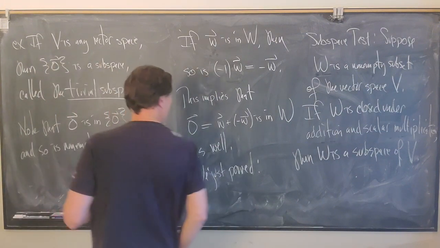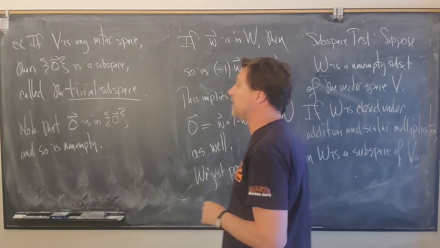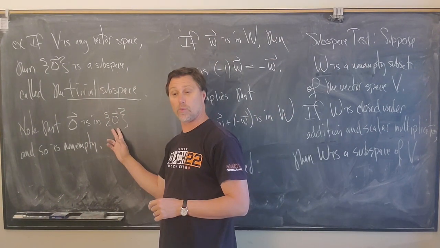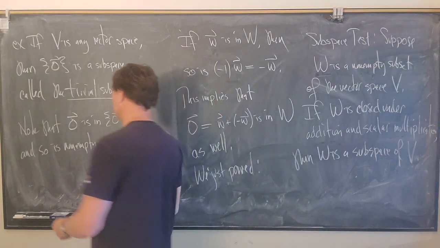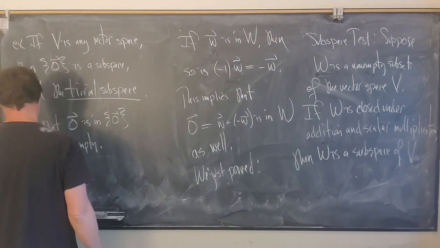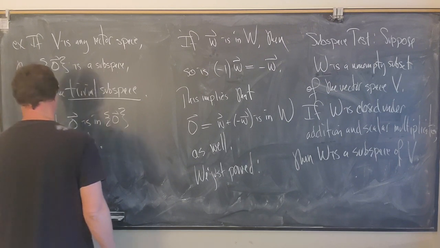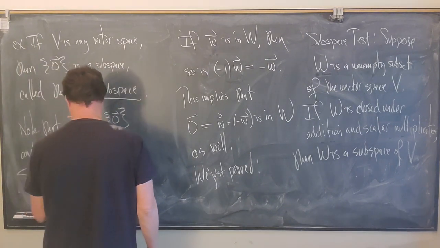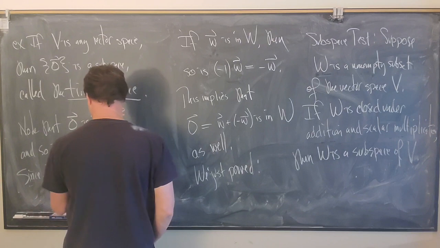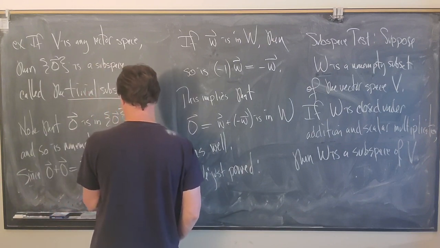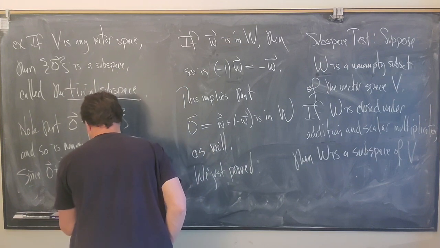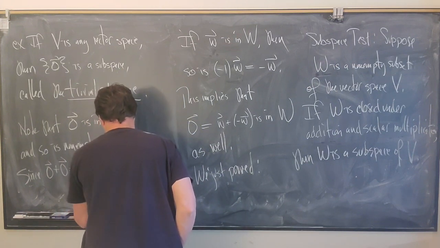Okay, now we need to show that it's closed under addition, so I need to choose elements from here. Well, the only element I can choose is 0, so all we can do is 0 plus 0. So since 0 vector plus 0 vector equals 0 vector, we have closure under addition.